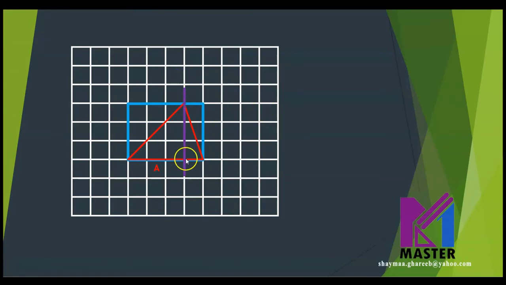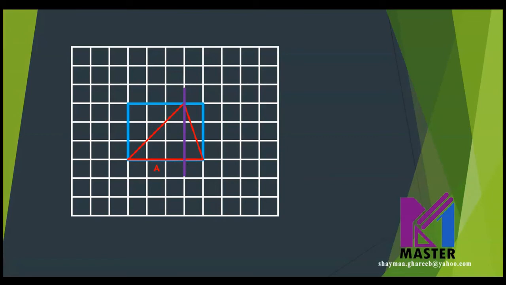I divide it into two parts: a small rectangle, as you can see, and a square. And at the same time, I cut the triangle into two triangles: a small triangle, as you can see here, and a big triangle. Now, what can I do?